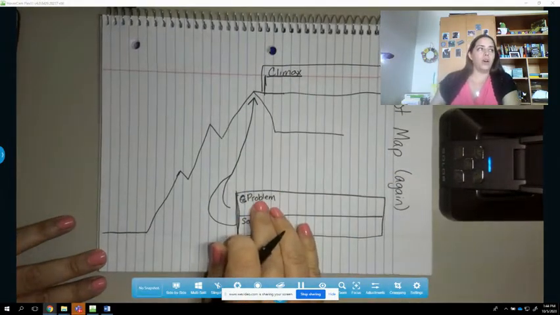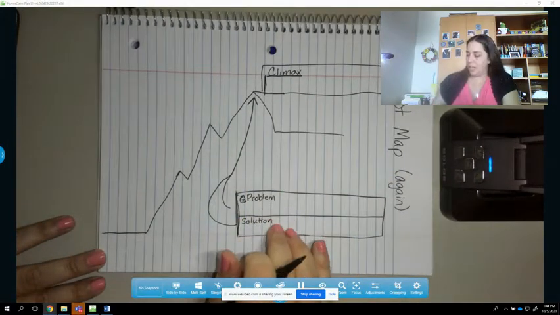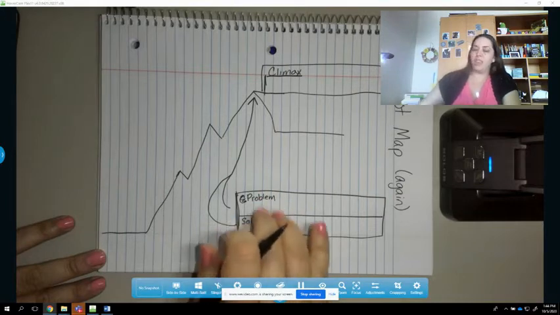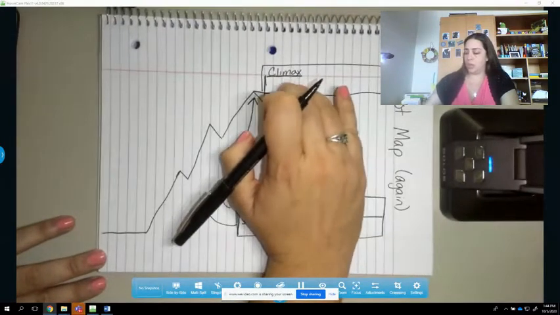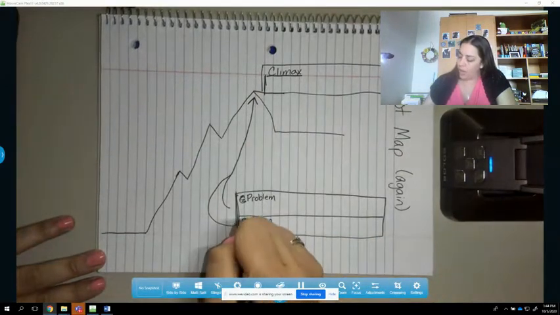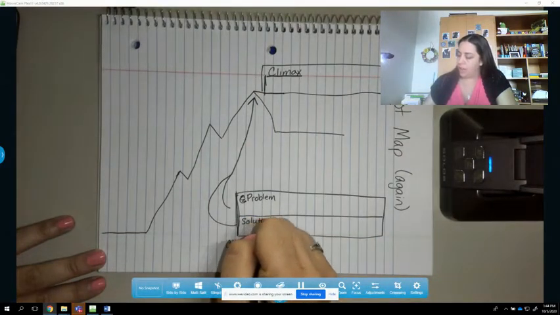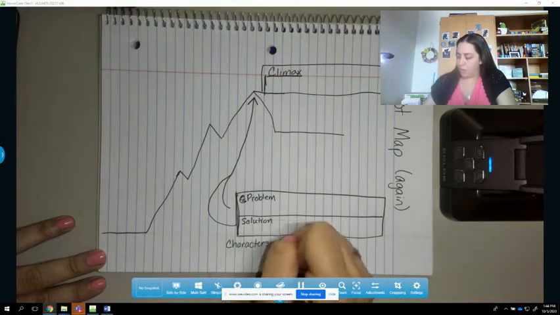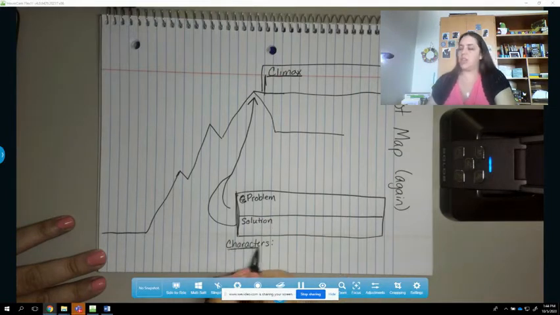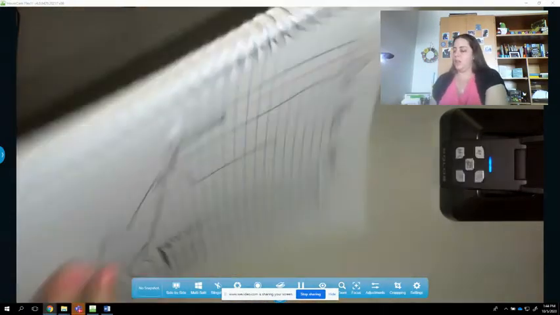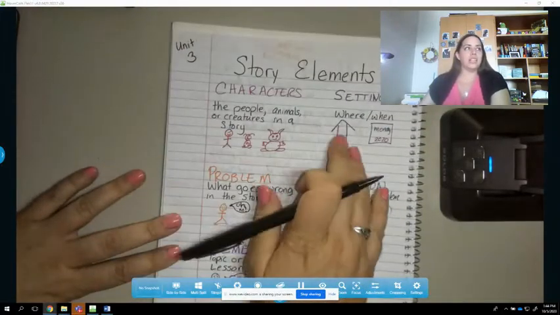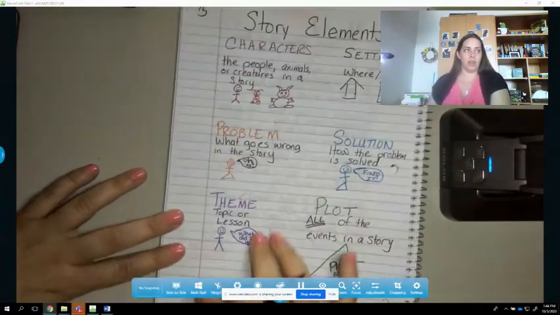So whatever our problem is, however our main characters solve that problem, that is going to be the climax of the story. We should also have characters. This is a little new as well. So remember, we talked yesterday in our story elements that we have characters and setting, as well as the problem, solution, and theme.